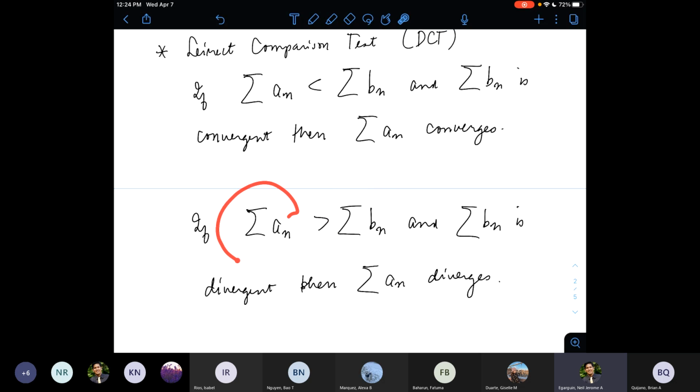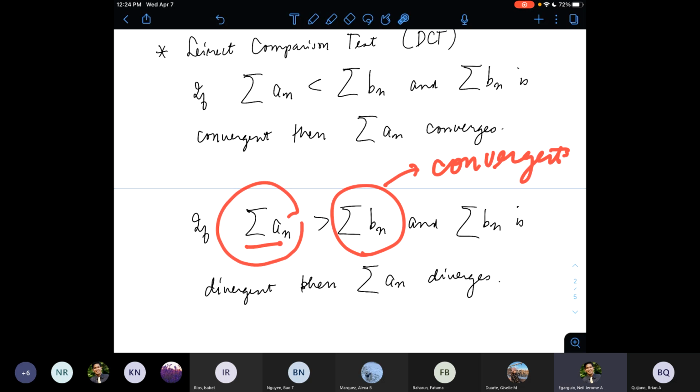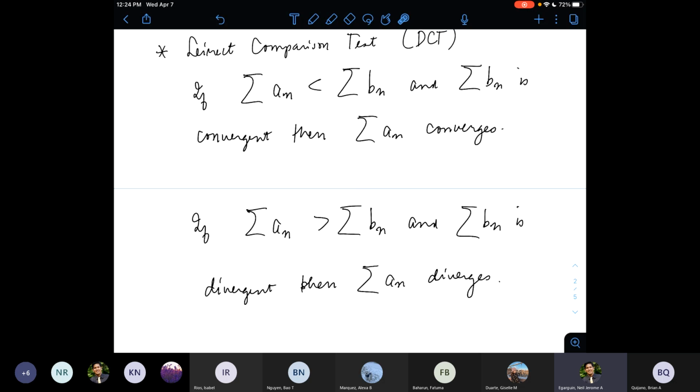But if this is larger than a series which is convergent, right? No conclusions can be made because this could still be convergent, just having a larger sum than the sum of Bn, or this could be infinite, and an infinite value is always larger than a finite number. So there are still two possibilities here. So in that sense, the direct comparison test is a little bit limited in scope because these are the only two cases where we can draw conclusions. Otherwise, you need to try some other tests.